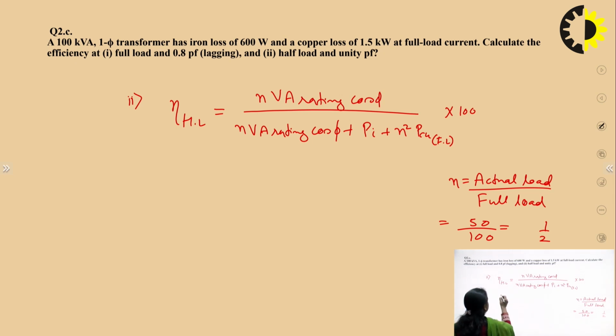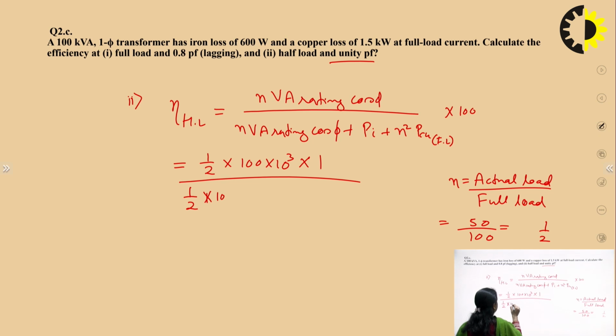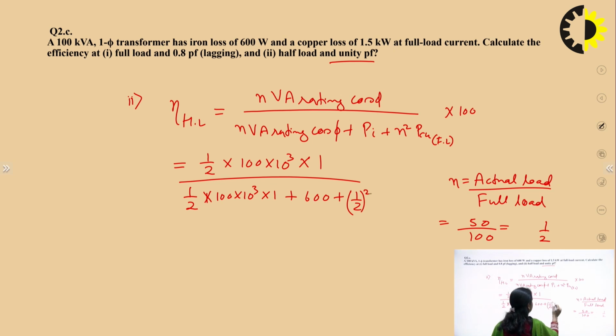So now n will be 1 by 2, or 0.5, VA rating is 100 into 10 power 3, and for this unity power factor is given, that is into 1, divided by 1 by 2 into 100 into 10 power 3 into 1 plus iron loss is given 600 plus 1 by 2 whole square, and copper loss is 1.5 into 10 power 3, into 100, and this is how you can find the half load efficiency, right.